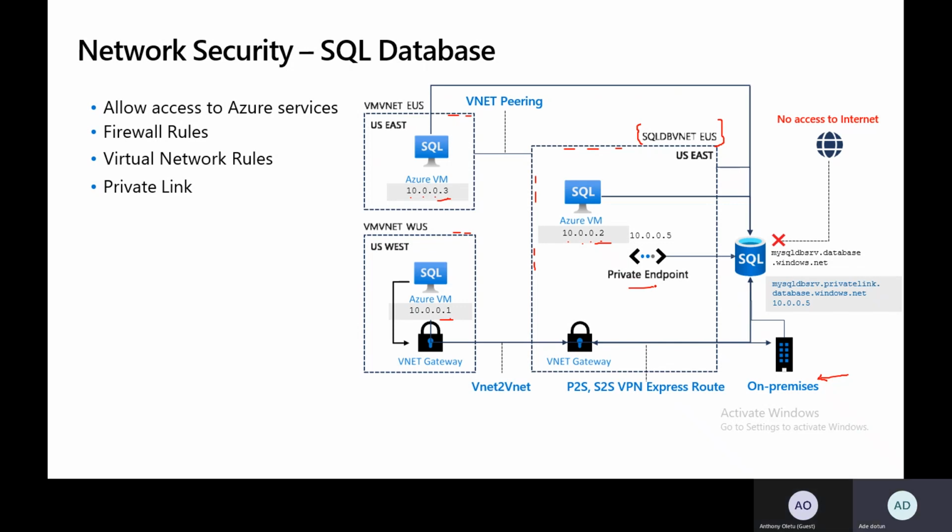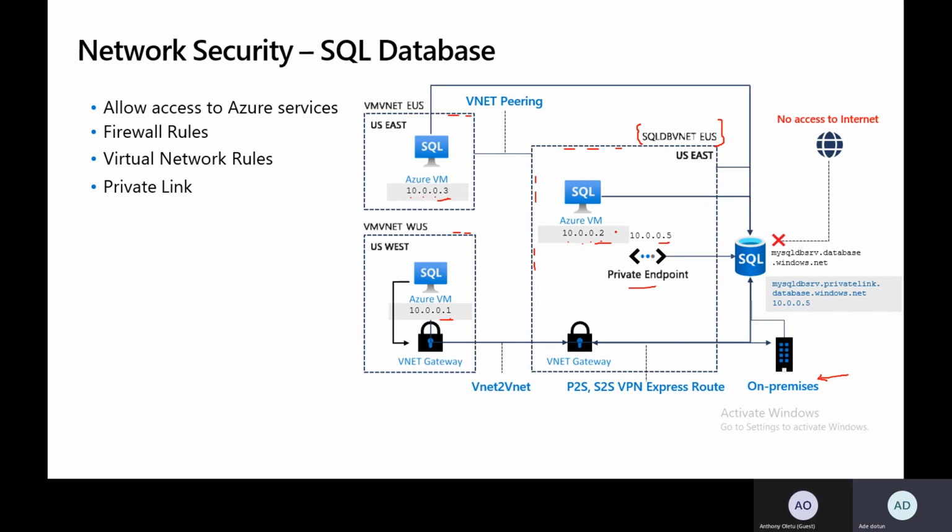An endpoint can be another VM, another web server, or a phone. That device must reside inside this network, because it has its own IP, 0.5. Let us assume it's another VM.